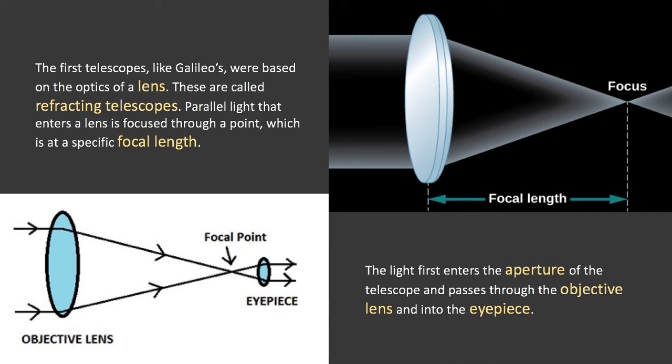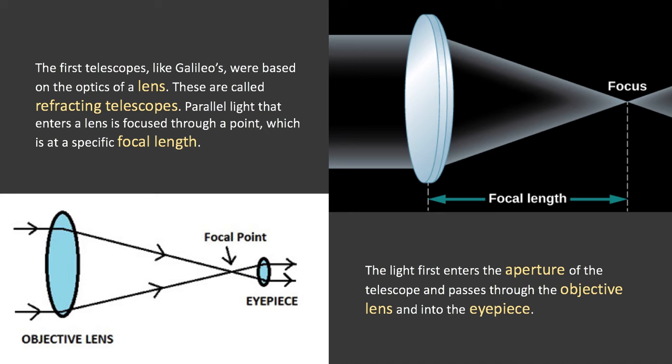The first telescopes, the ones like Galileo used, were based on a lens. So a lens is a rounded piece of glass, or it could be plastic, but in the early days of telescopes, they were glass lenses. They were carefully ground into the shape that would focus the light at a specific point called the focal point.